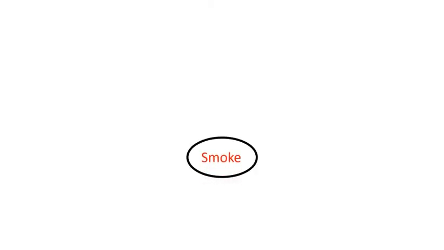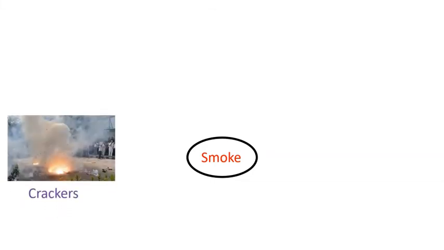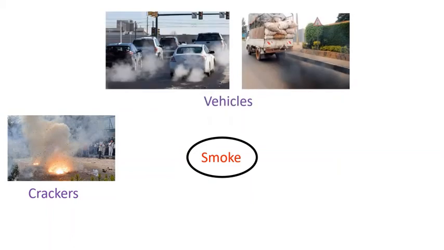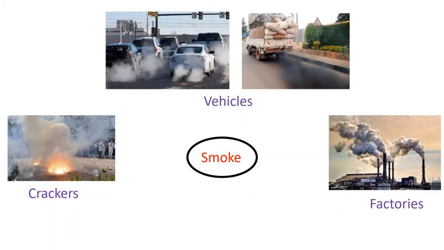But the smoke which is released by burning crackers and the smoke from vehicles and factories mixes with air and makes the air dirty. Yes. Now, what happens when we breathe in dirty air, children? Yes, we fall sick. So, we should always breathe in fresh and clean air to be healthy, right?